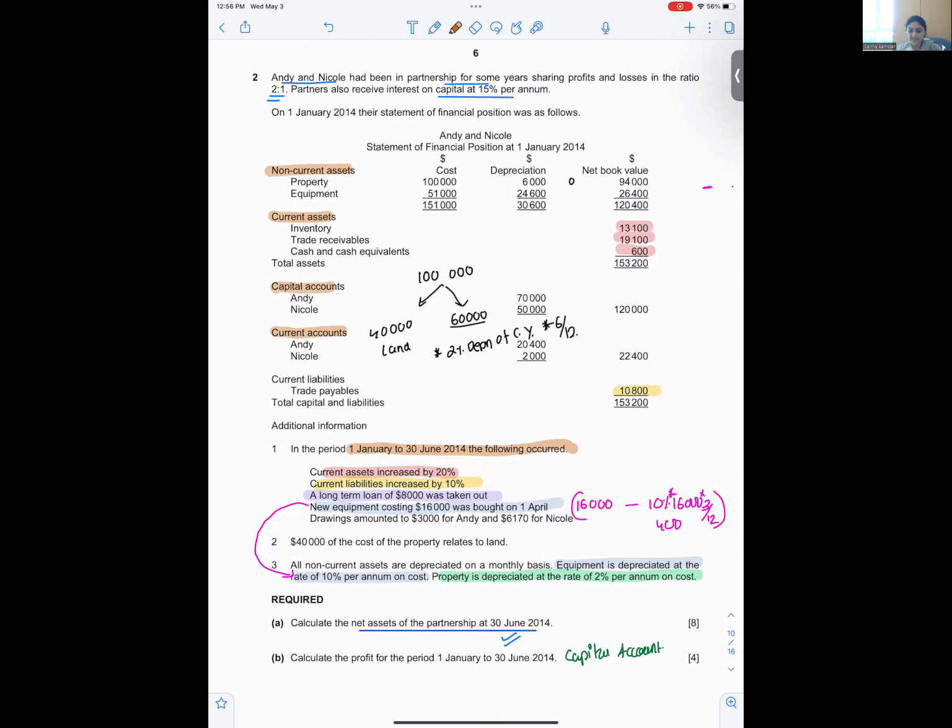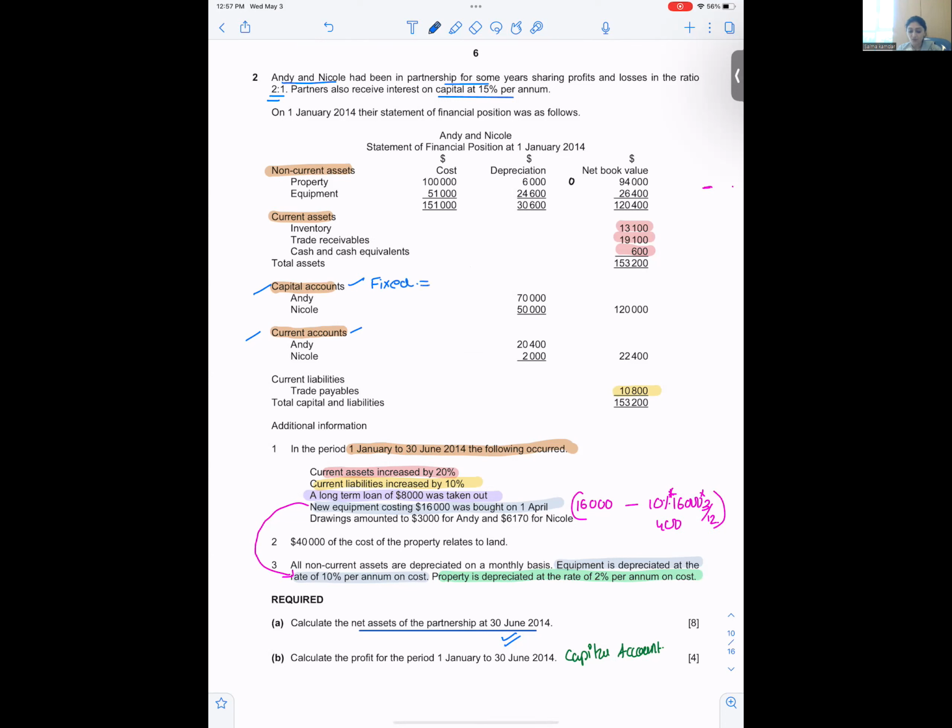partners. Since I have been given two accounts, that means I have a separate capital account and separate current account. It means I am following the fixed capital method. Two capital accounts. That means I want the capital account to be fixed.